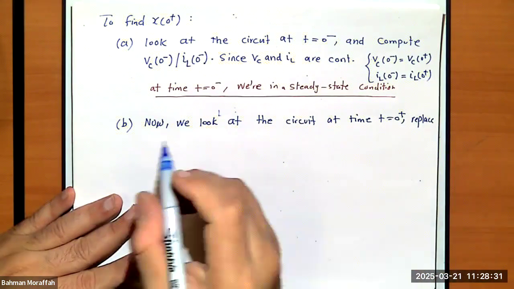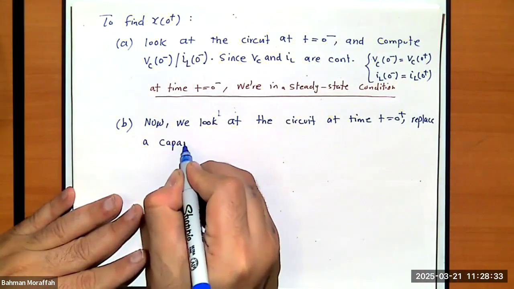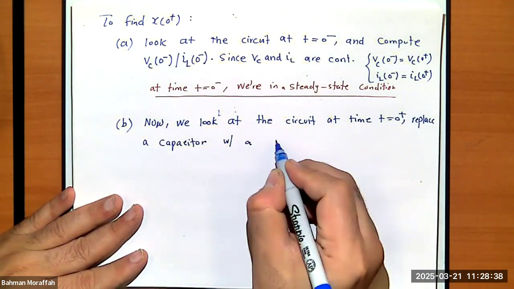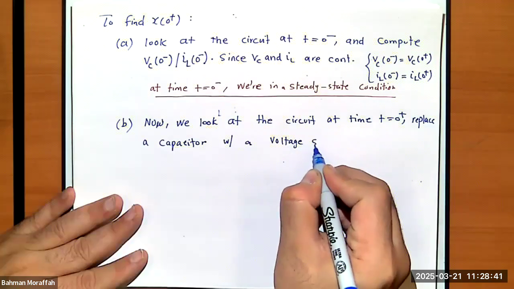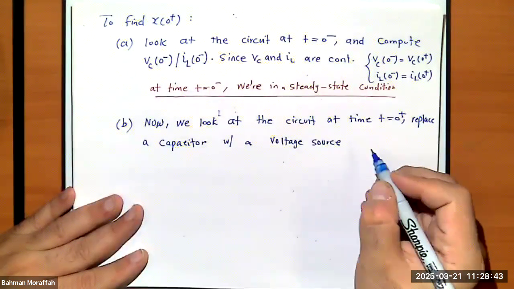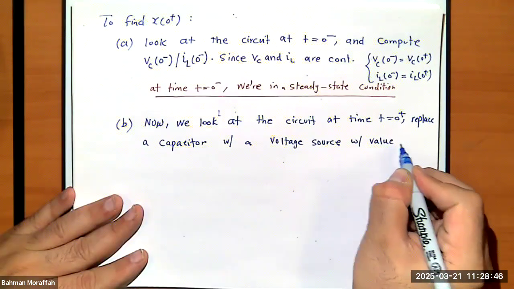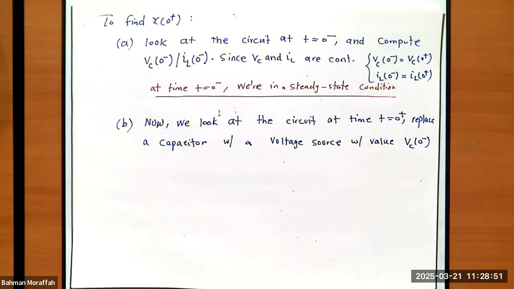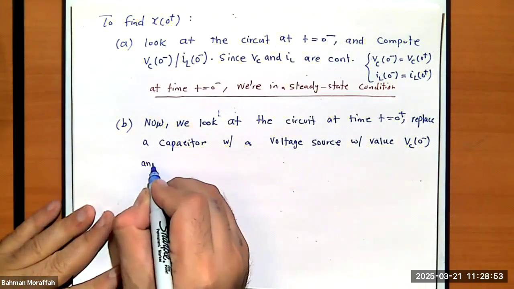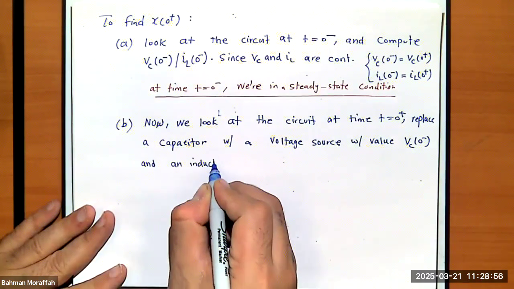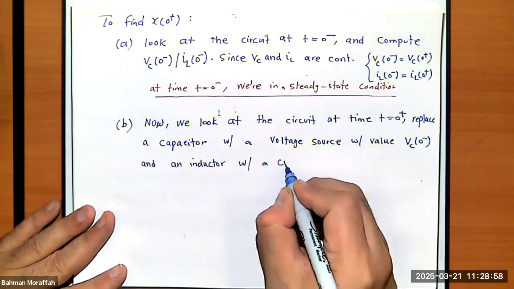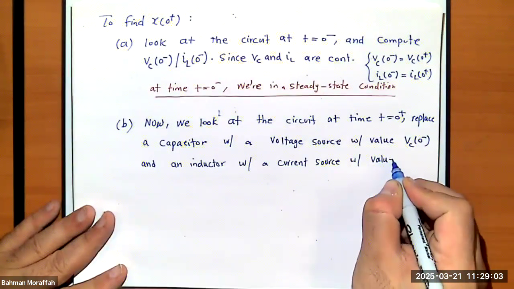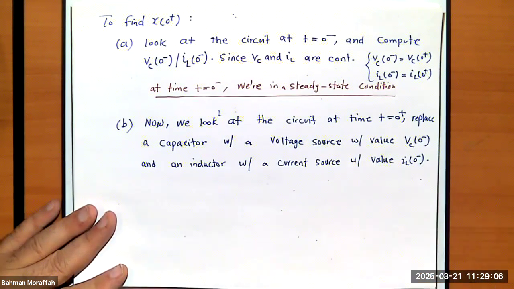We replace a capacitor with a voltage source with value VC 0 negative, which we know is the same as VC at 0 positive, and an inductor with a current source with value IL 0 negative.